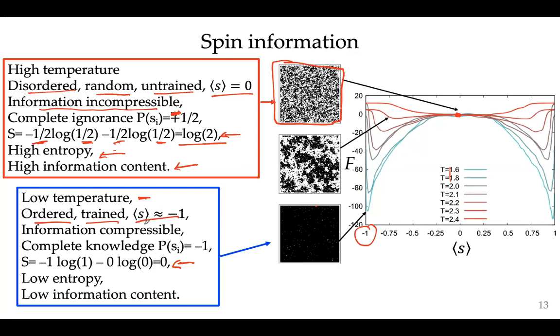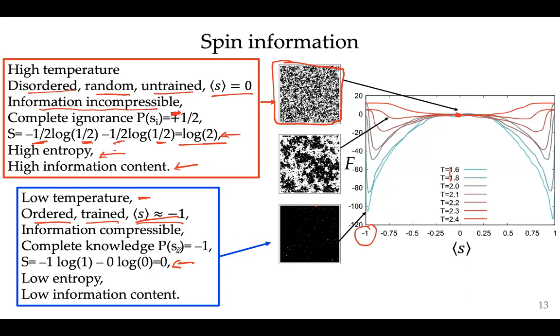And there is this order parameter, magnetization, as -1. So the information here is compressible, because if everything is down, you know that all the spins are down. You don't have to know each spin individually. You can say, okay, all the spins are down.